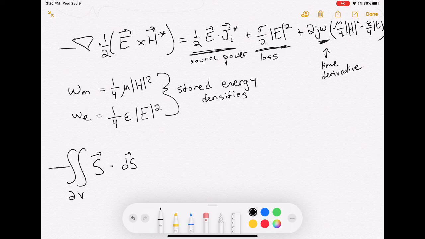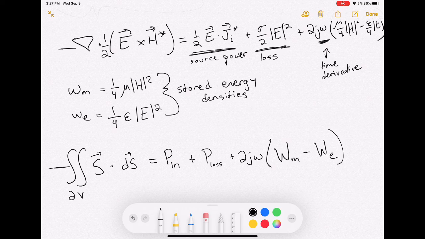And there's still a minus sign on the front of that. And that turns out to be equal to the volume integral of all of these other things. Actually, I'm just going to evaluate those and turn them into their associated powers. So the source power, that's power in, plus the power that's dissipated as loss within the volume, plus 2j omega (Wm minus We).